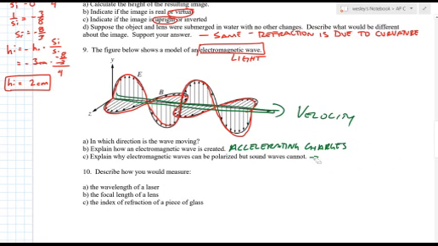Basically, it's the difference between a transverse wave and a sound wave being a longitudinal or compression wave.